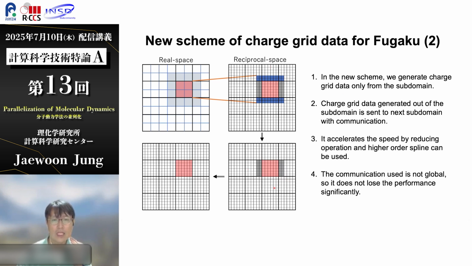Then each subdomain has charge grid data in this way, and they send this charge grid data to left and right. And finally, each subdomain has a final charge grid data which can be used in FFT. But this is too specific, so I think you don't need to worry so much about understanding this one.